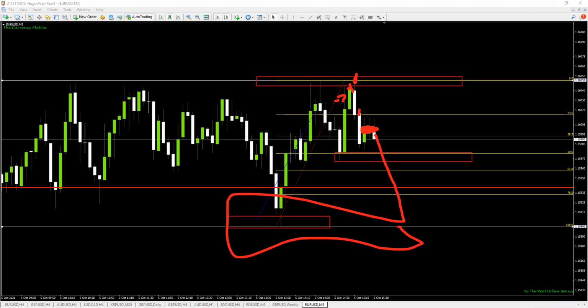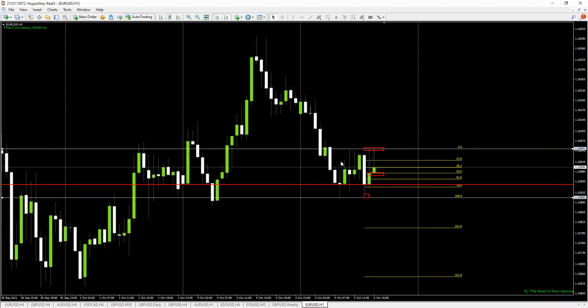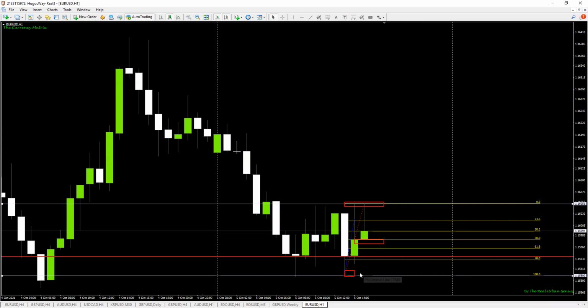Now, mind you, you still have to keep in mind the higher time frame. The higher time frame over here off the hour, which has a 0. It has a 0, has the 1 and -2, has a +1, +2 is forming.